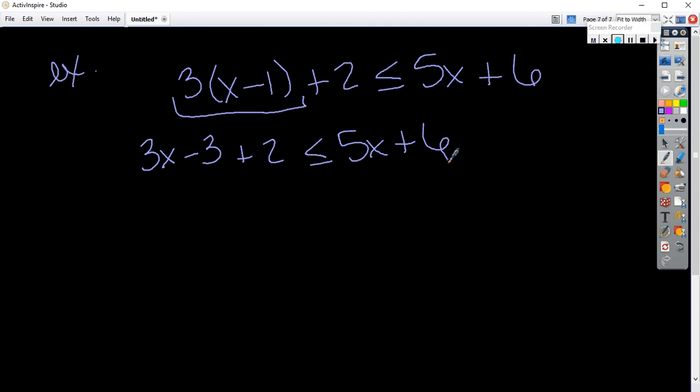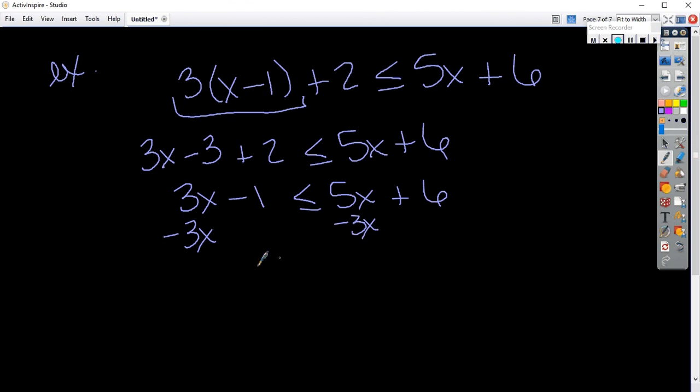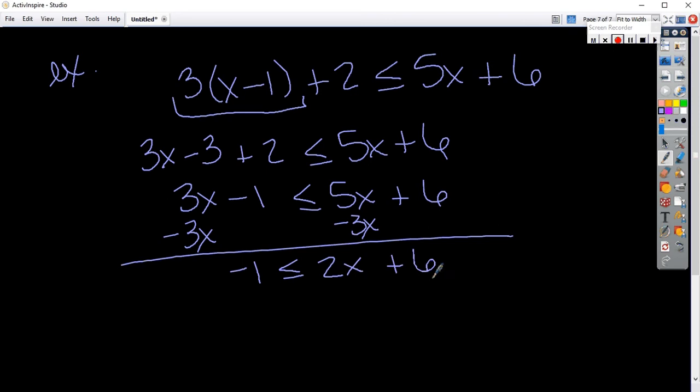You tell me what to do. Move the 3x. So I got -1 less than or equal to 2x plus 6. Move the 6. You could do the +1, but if you did that, you'd have 0 on one side. It'd just make a little more work for you. What now?